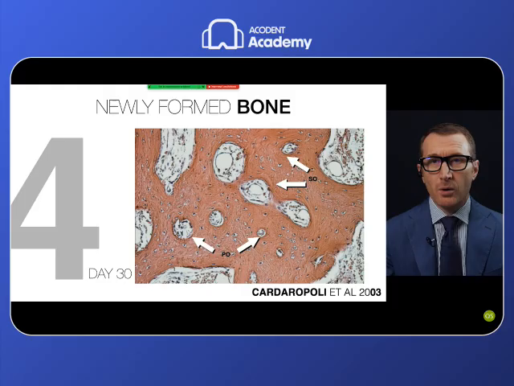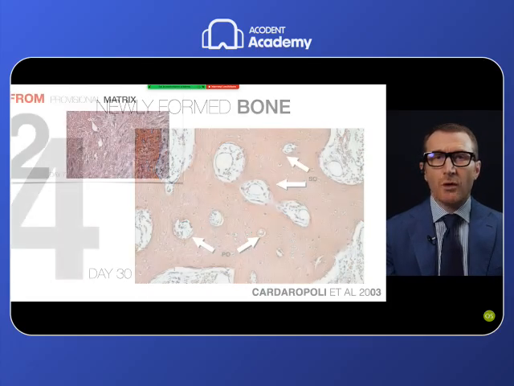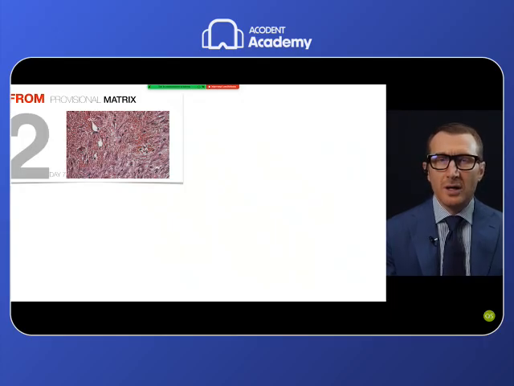The lamellar bone will form where the woven bone has previously formed, and the woven bone is formed where the provisional matrix was replacing the coagulum. So everything starts with the coagulum, and the coagulum dimension is fundamental for the new bone formation.